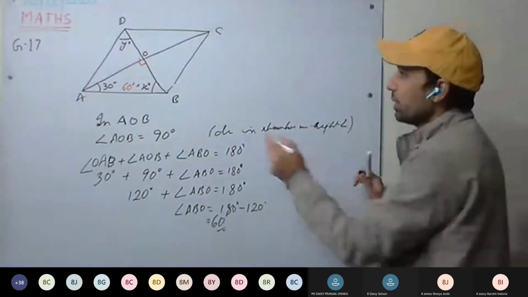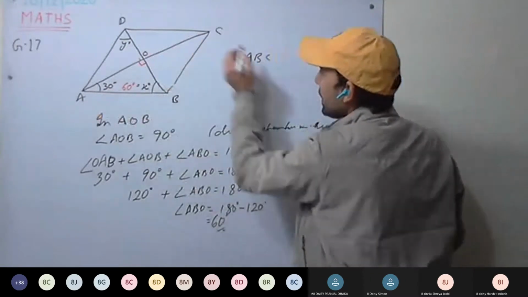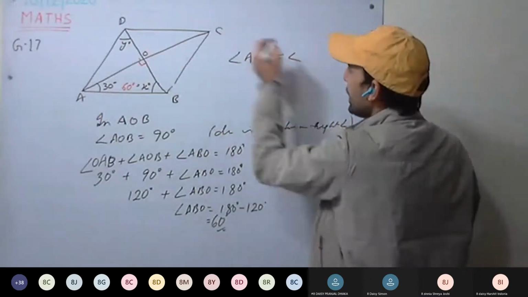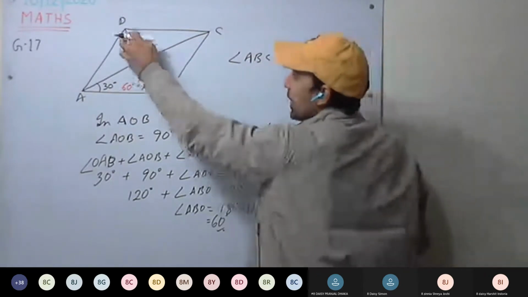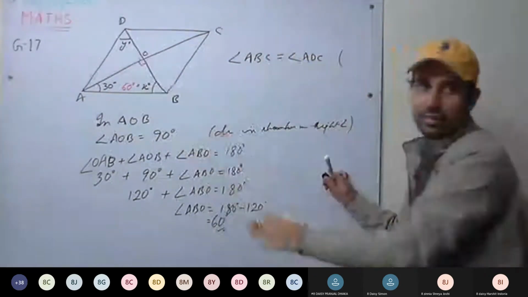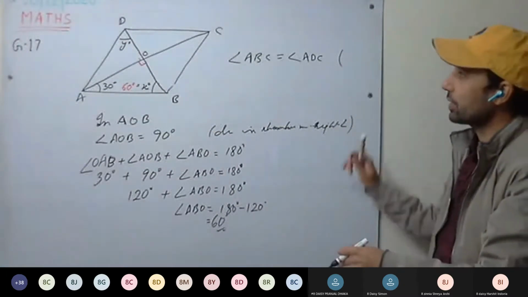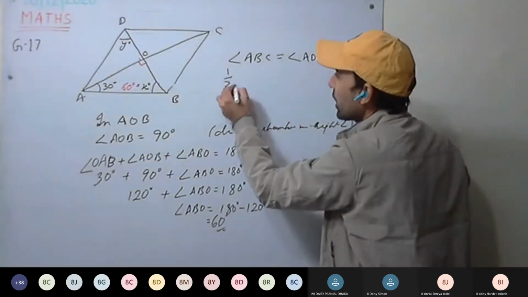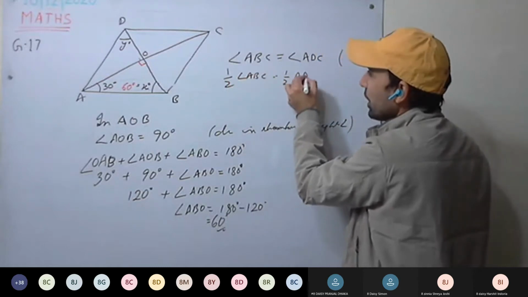There's one more way. See here. Angle ABC equals angle ADC. Why? Opposite angles in a rhombus are equal. If I take half of angle ABC, it equals half of angle ADC.